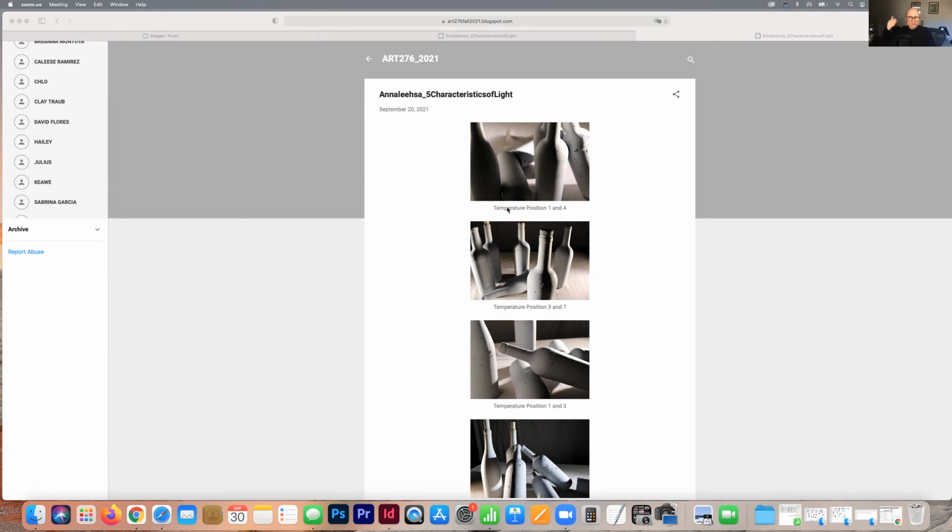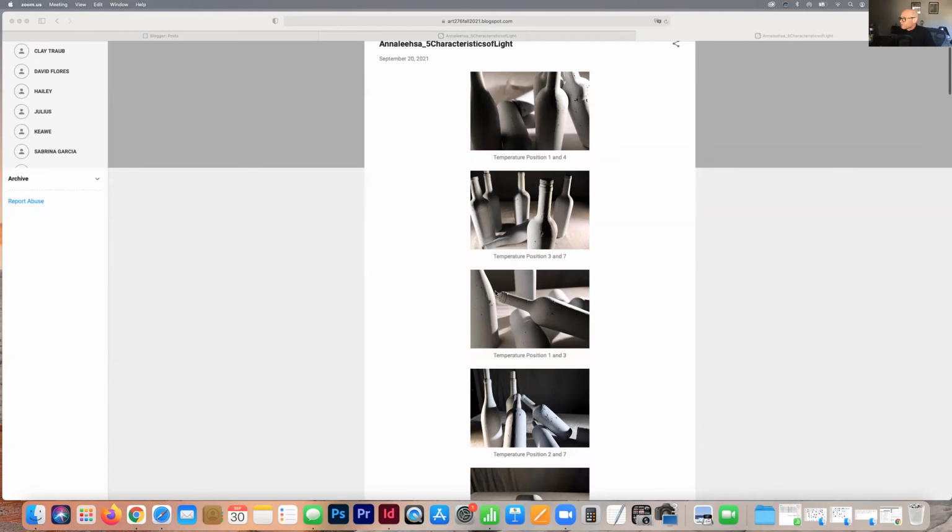Direction would have come first, then intensity, then temperature, then contrast, and then hardness, just in terms of the organization of the presentation, so that it's easy to navigate. It really is all about being able to work through all of them. So temperature would have been later on.